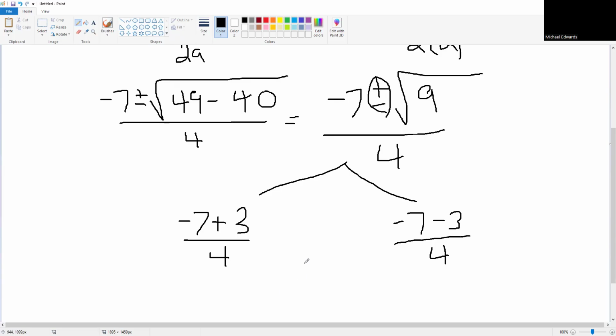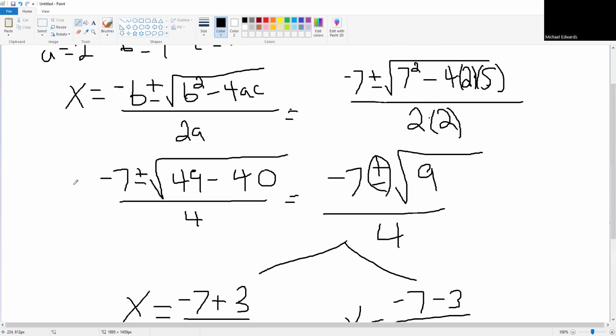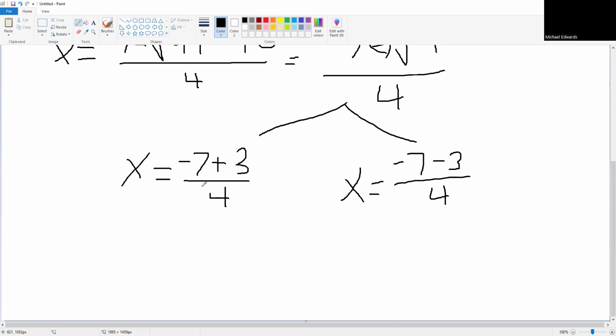We can solve this. And these are x equals, just so I'm not confused. All this is x equals. Yeah, okay. So let's solve this. -7 plus 3. Now that should be just -4. All right, so x equals -4 over 4, which is actually just -1. And this one is -7 minus 3.